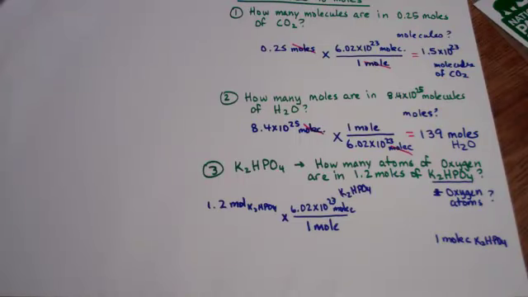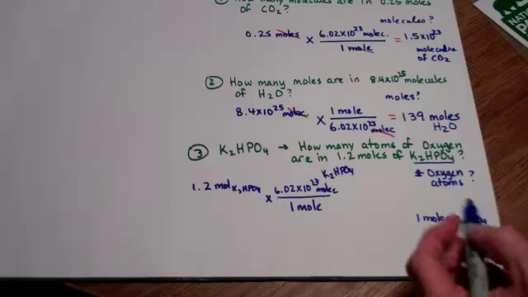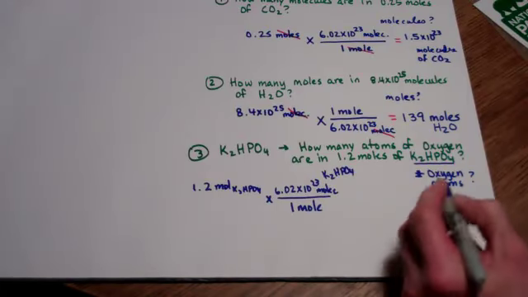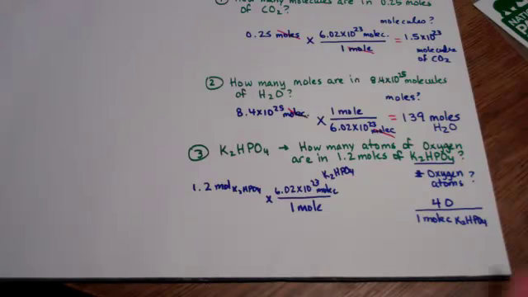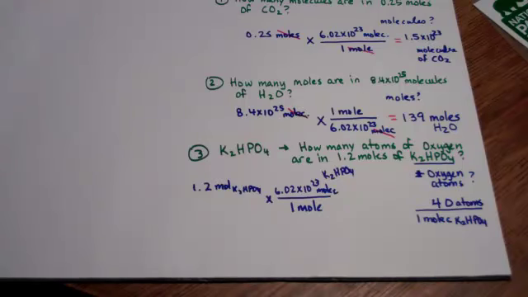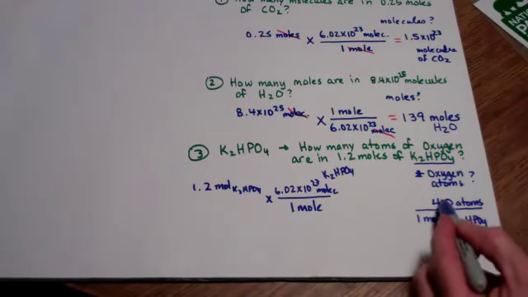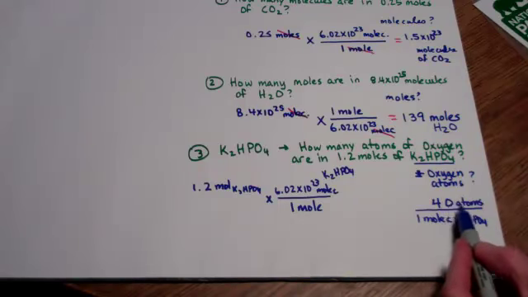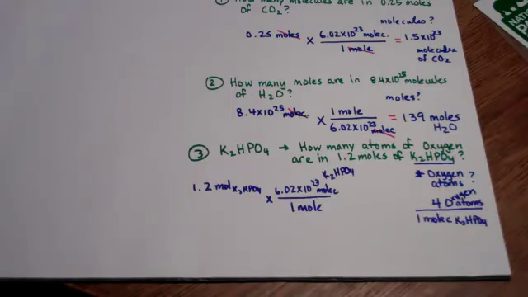So we can write a separate conversion factor based on the number of atoms that are present. So we know one molecule of these contains 4 oxygen atoms. Right? And that's what we want to end up finding. So we're going to need to use this relationship here.